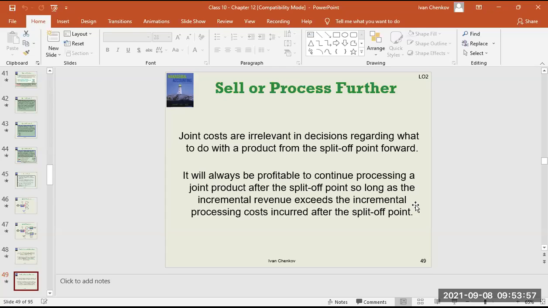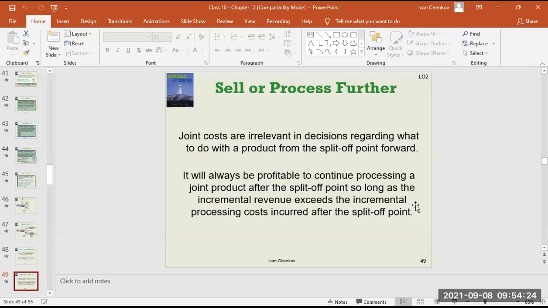But if my cost to convert milk to yogurt becomes more than $2, let's say I can sell it as milk for $4, but I can sell it as yogurt for $6. But in order to convert it to yogurt, I have to spend $3. So selling 6 minus 3, basically my additional is $3.